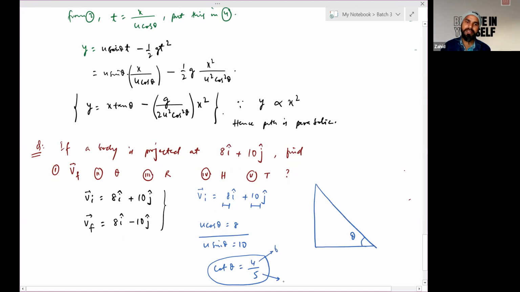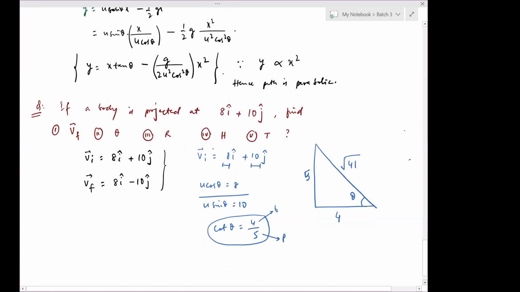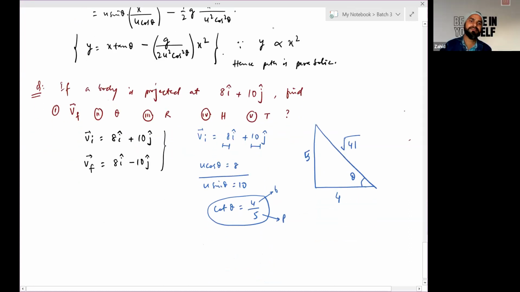So this is the base and this is the perpendicular, 4 divided by 5. Using the Pythagoras theorem, the hypotenuse is 25 plus 16, root of 41. Is it clear? Yes, sir. Now we have to find theta. From this, theta will be equal to cot inverse 4 by 5.